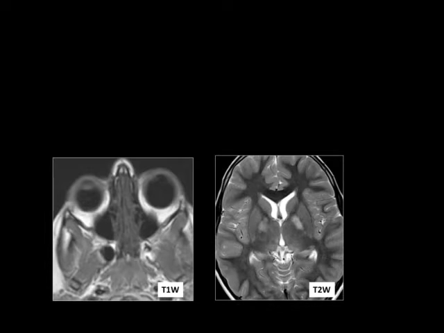How are the orbits? There is some hyperintense signal in the right lens. No, that's okay. That's asymmetric. Patient is asymptomatic.